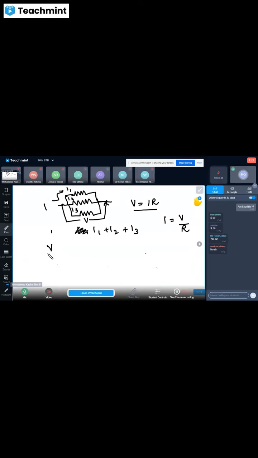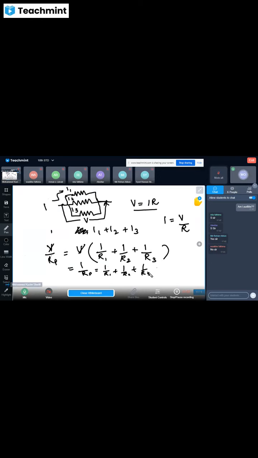The next thing we have is V by Rp is equal to V, take out common, 1 by R1 plus 1 by R2 plus 1 by R3. Got it? Now, can you cancel V's on either side? Yes, we can because they are common. Finally, 1 by Rp is equal to 1 by R1 plus 1 by R2 plus 1 by R3.